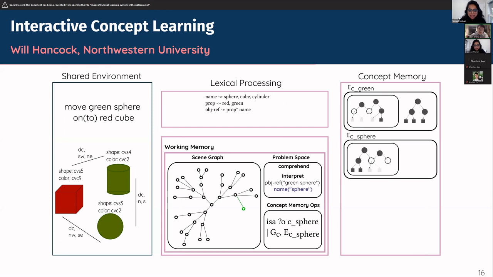So if this part of the graph was very similar to what my experience captured the concept sphere as, then I know that I can assert sphere here, right? So it elaborates the graph. It says, okay, this is the object that's sphere. That means that the agent can start focusing on this part of the graph because it's relevant for the next set of instructions that are going to come in, right?